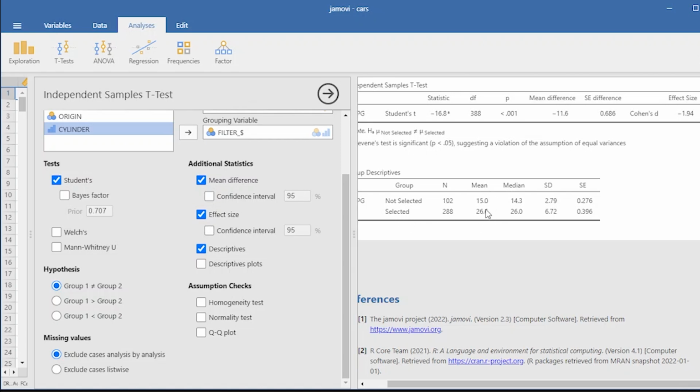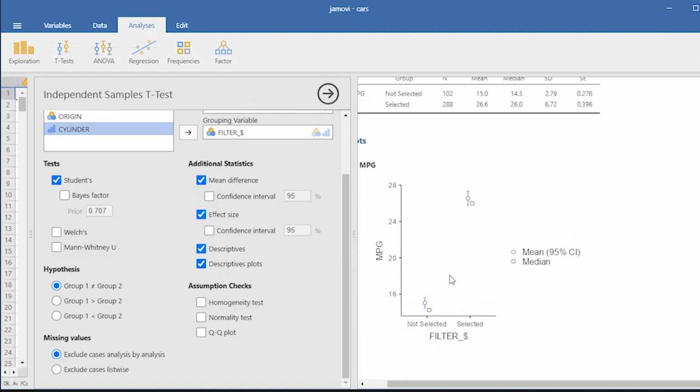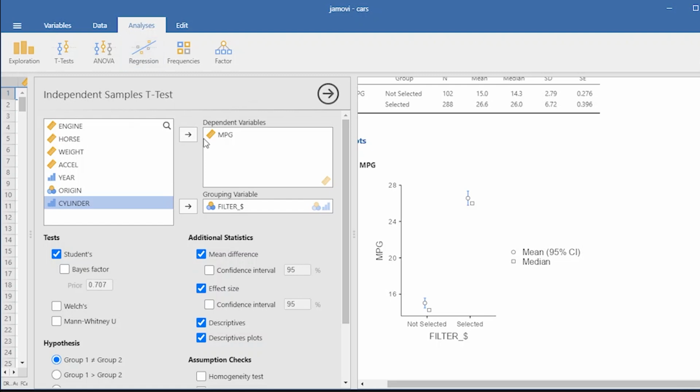That means the cars that were selected are better than the others, quite obviously. Now, if you want to check the descriptives plot, you could see the difference of the means between the two groups. So I hope this test makes quite a lot of sense now, especially when it comes to using an independent samples t-test.